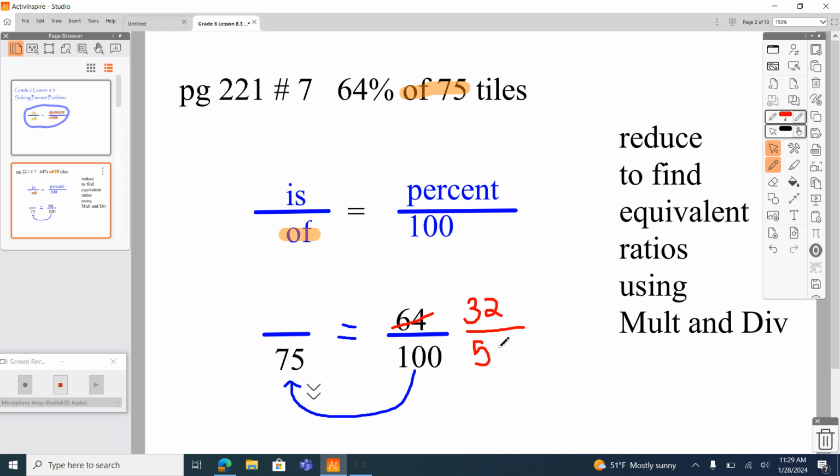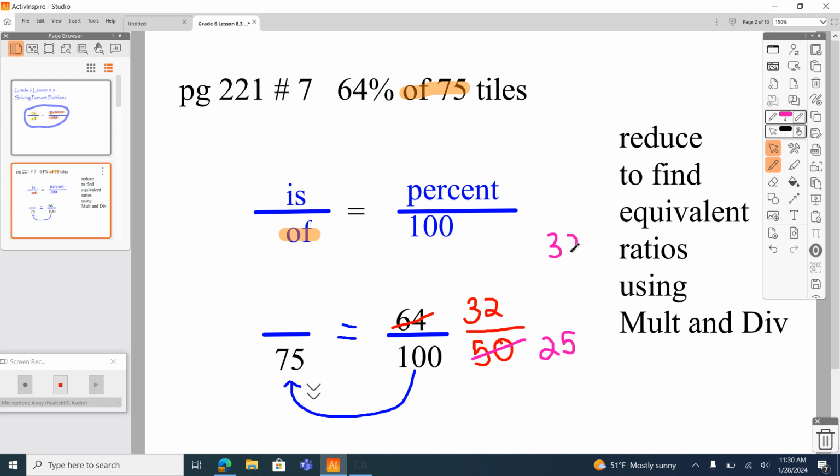Now, still, I can't easily find a pattern of multiplication or division between 50 and 75. And if I look at this problem, I can simplify it more. These are still both divisible by 2. 50 divided by 2, 25. 32 divided by 2, if you need to do this over here.